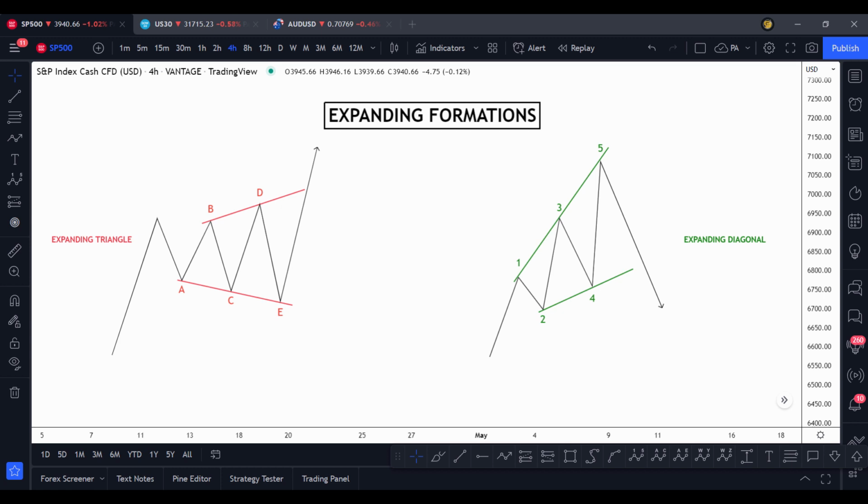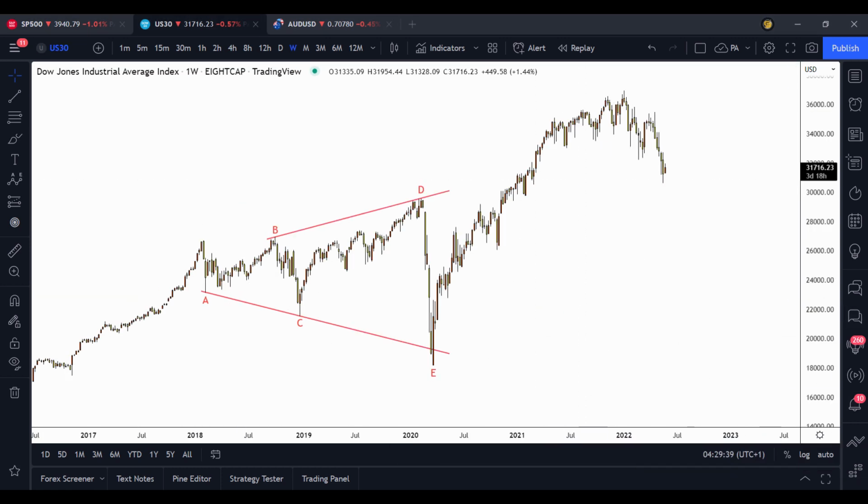Now I will be showing you guys some real-time examples so you can have a better idea of how these form and how you can go about applying these into your own trading style. So first and foremost, we have US 30 or Dow Jones, whatever you want to call it, and this is the weekly time frame.